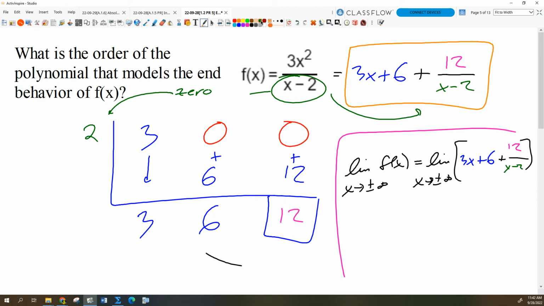Okay, in the limit that x approaches plus or minus infinity, do any of those terms go to 0? That one does, right? The remainder term always is going to go to 0, because you're always going to have a bigger degree polynomial in the denominator than the numerator, right? You're going to get a number on top and a linear polynomial on the bottom, right? And so this one goes to 0.